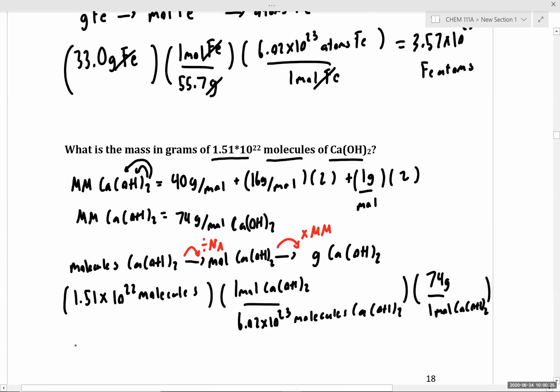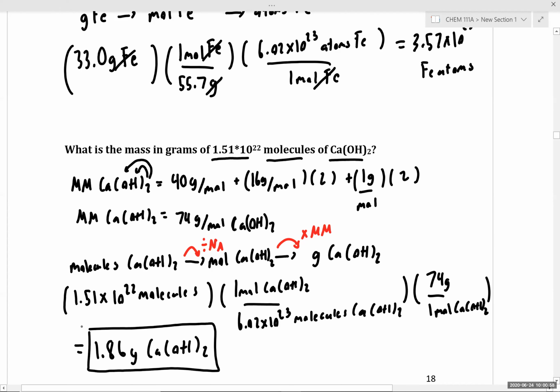And that in turn, once we punch this into our calculator, so we have 1.51 divided by 6.02 times 74. And that in turn gives us 1.86 grams of calcium hydroxide. So let me make that a little bit neater. Any questions on these examples?